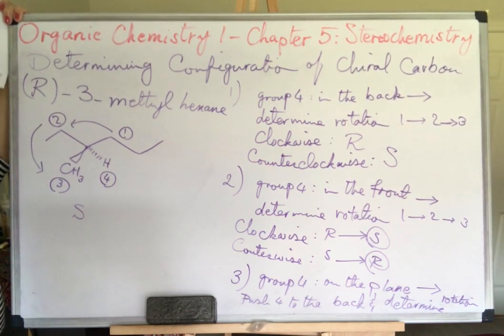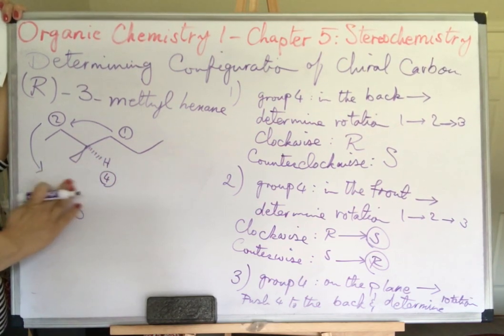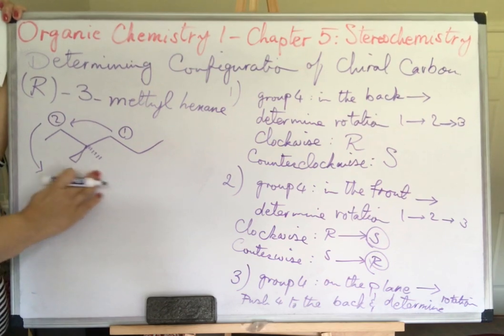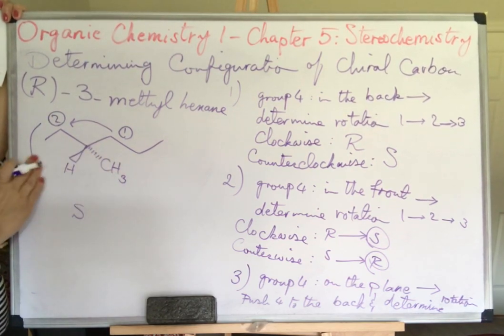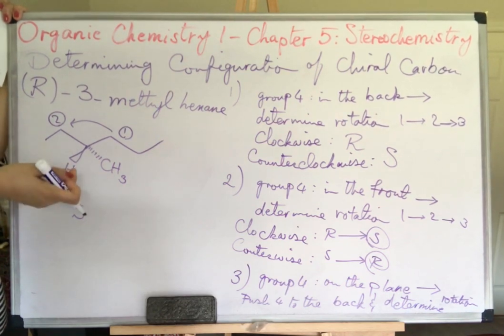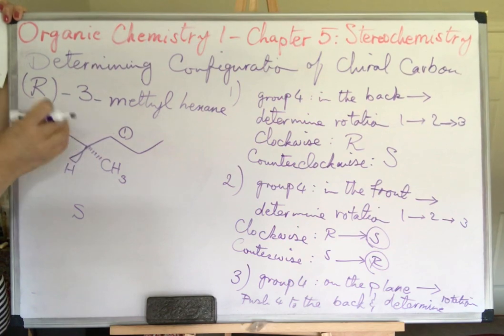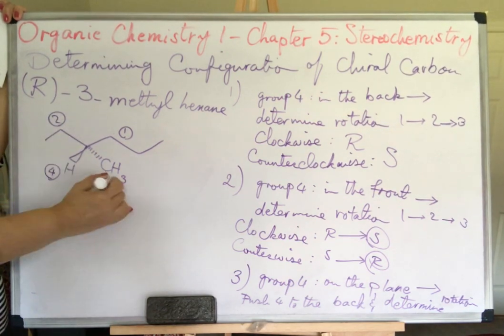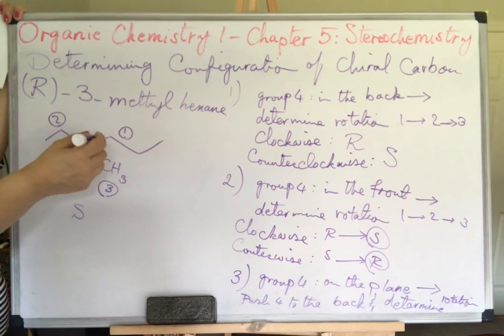What is the fastest and shortest solution? It is to switch the location of hydrogen and CH3. So this time put CH3 in the back, hydrogen in the front. So you always start with hydrogen in the back and switch it if you have to. 4 and 3. So now the rotation is 1 to 2 to 3.